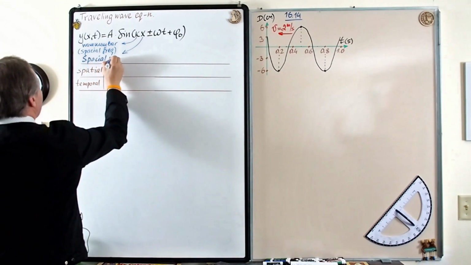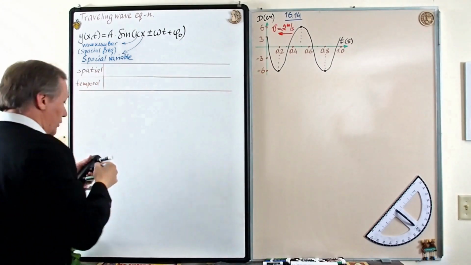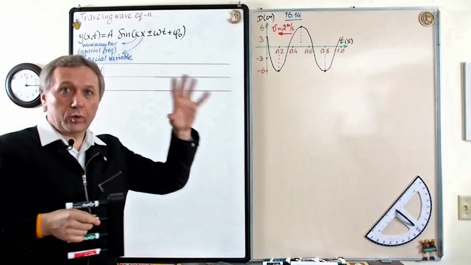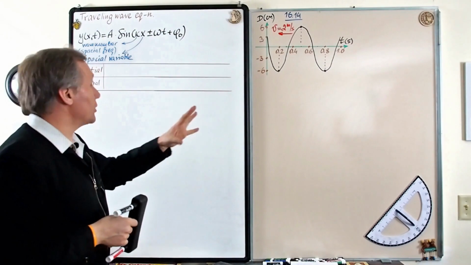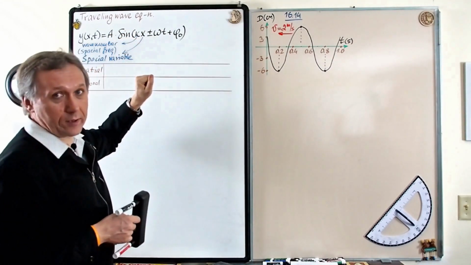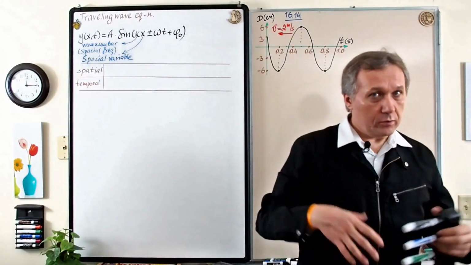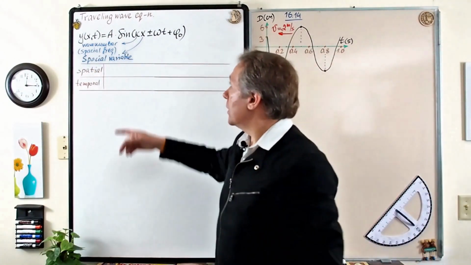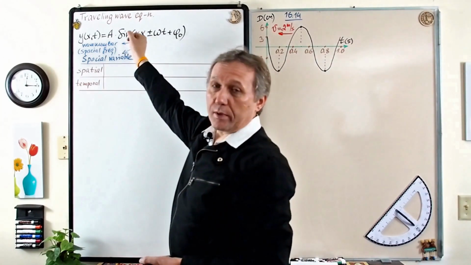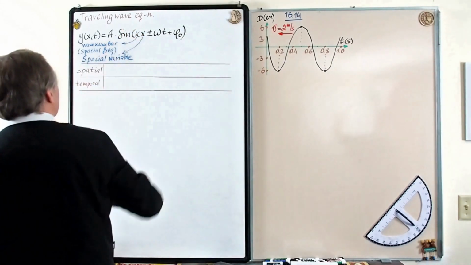So basically it means that all spatial information about the wave is in the term kx, right? So if you want to find any spatial parameter or spatial quantity which describes this wave, you must find it from this term. All the spatial information is hidden over here.